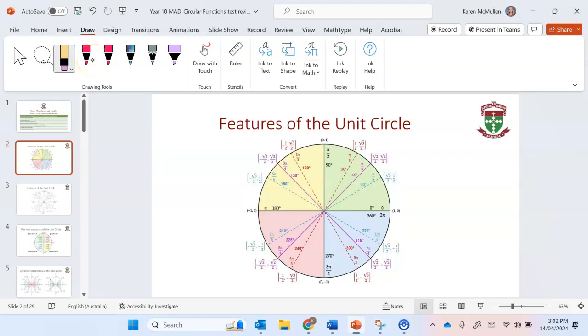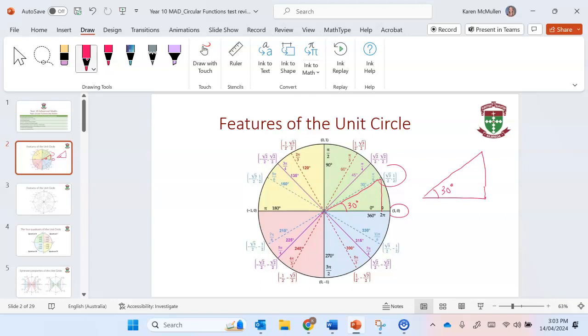We're going to fill in a blank one in a second, but before we do, you will notice we've got coordinate points around the circle. These come from the triangle that is drawn. If I draw a triangle in here, and you'll hopefully remember doing your triangles, this is 30 degrees, or pi on 6 radians.